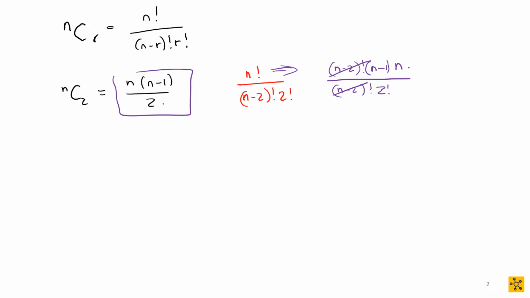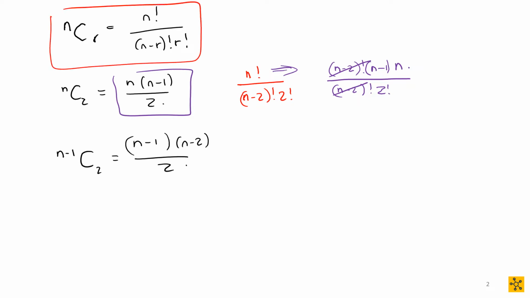Another aspect we can play with is that (n minus 1)C2 is going to be equal to (n minus 1)(n minus 2) divided by 2. How does that work out? Again, taking that original formula, you have (n minus 1) factorial over ((n minus 1) minus 2) factorial times 2 factorial.